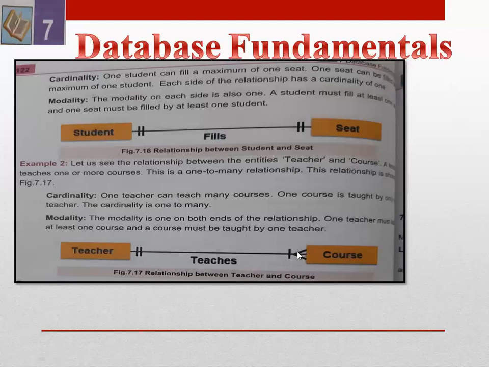Here we have many: one to many relationship, cardinality is one to many, and modality is one to one. In this diagram of teacher and courses, one teacher can teach one or more courses.